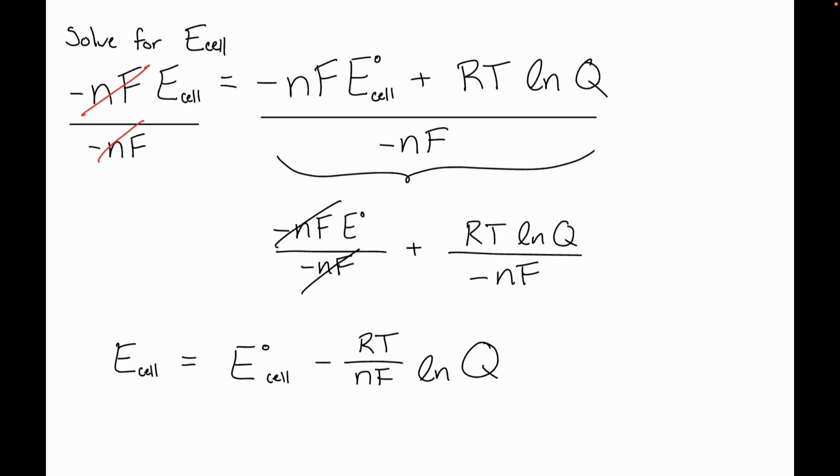All right, and so what is this equation doing for us? Similar to what we saw with delta G, this is going to allow us to determine our battery's potential at any conditions outside of standard state.